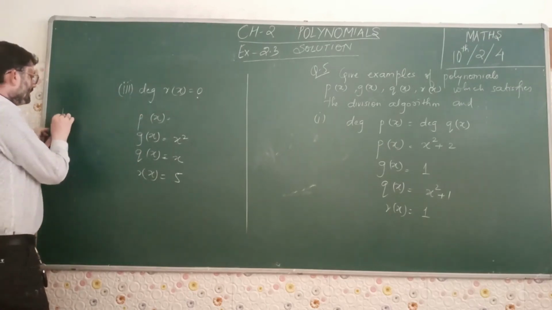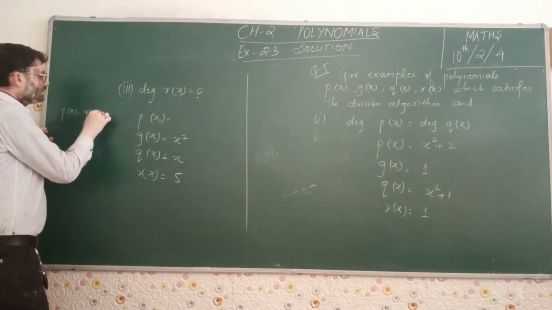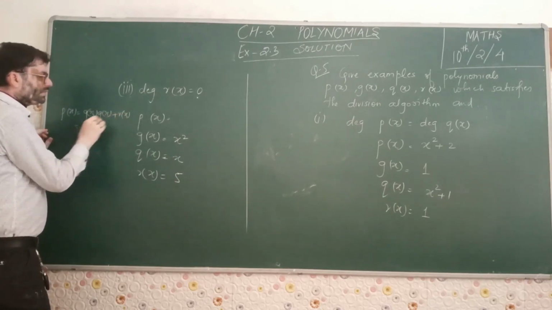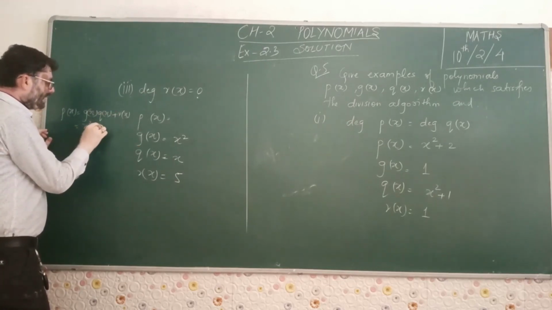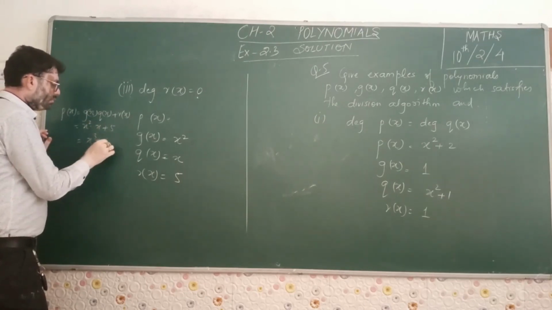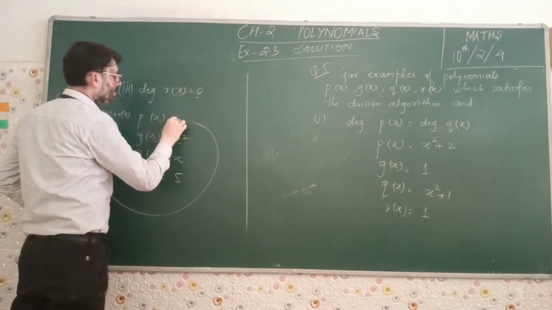And what is the division algorithm? That is p of x is equals to g of x into q of x plus r of x. Substituting all these values, x squared into x plus 5, so this is x cubed plus 5, so we can put this here for our polynomial p of x.